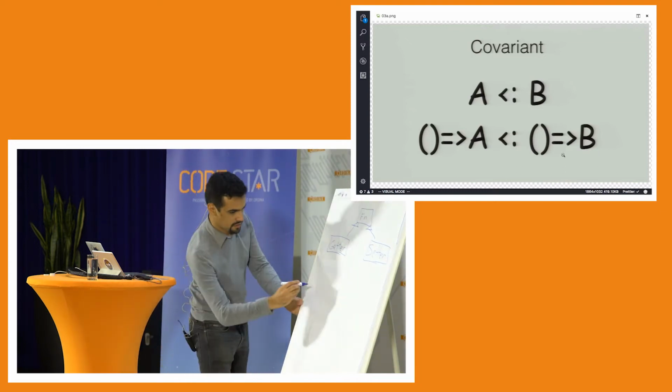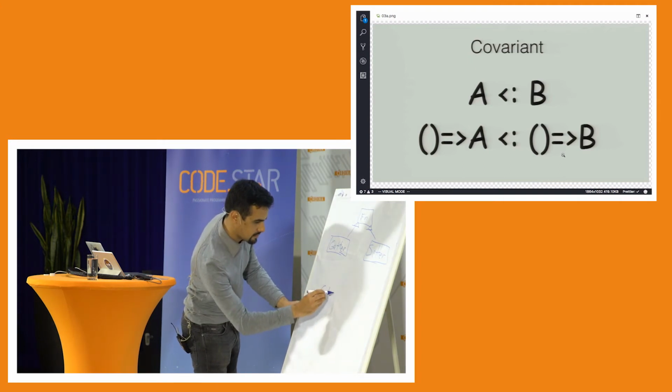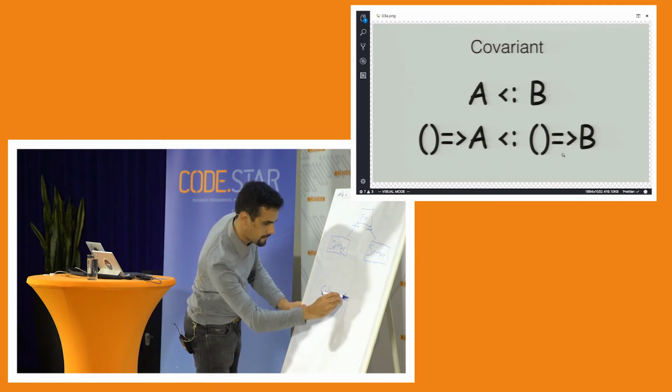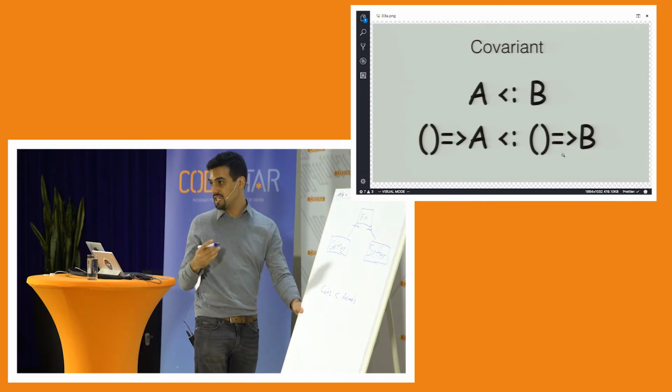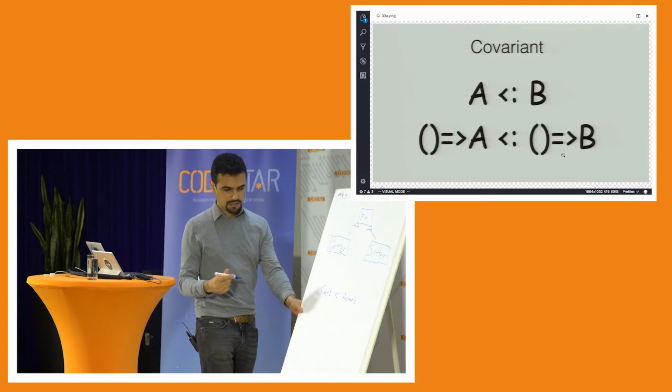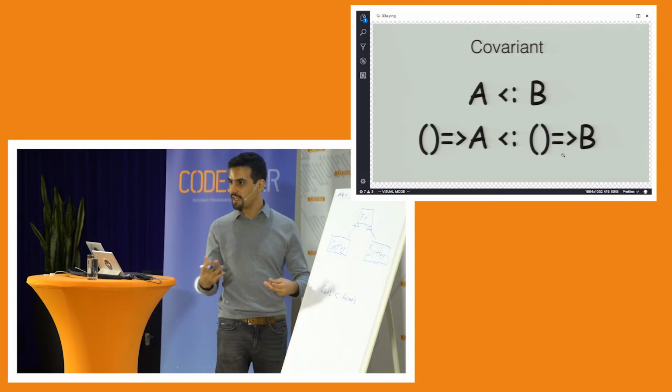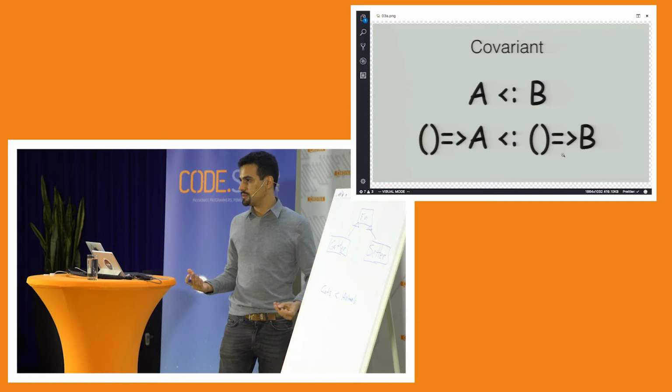If cats are a subtype of animals, then a getter of cats is a getter of animals, right? It's basically a way of getting cats will surely be a way of getting animals, because every cat is an animal.